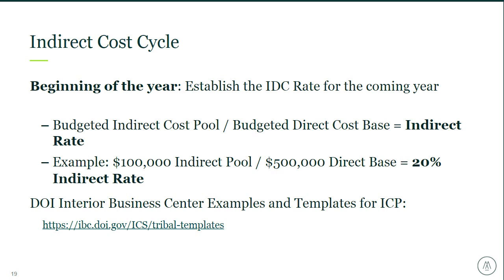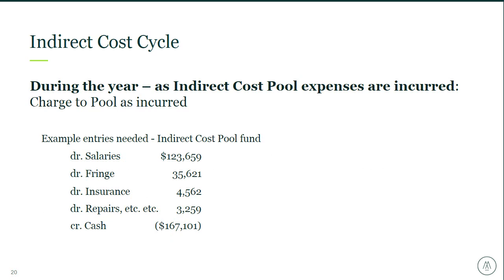So once you establish your rate, during the year, as you're incurring your expenses in your pool, Tasha mentioned some examples of your indirect cost pool expenses. For example, salaries and fringe of your accounting staff or your IT or HR folks, insurance, repairs. Here's a journal entry example.